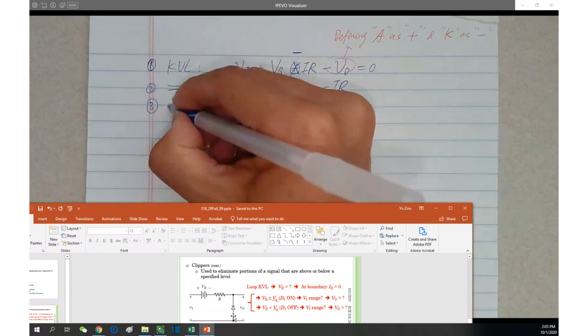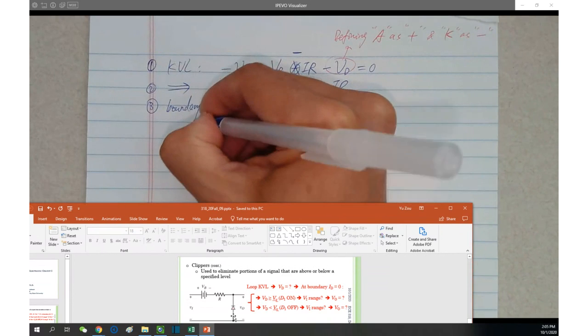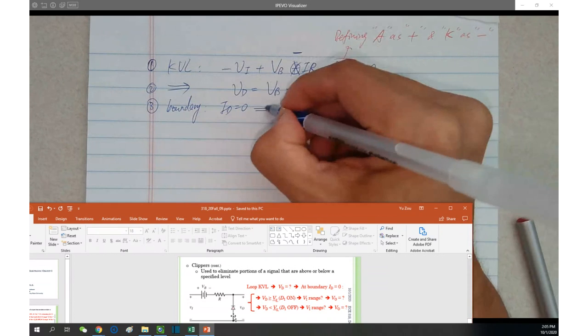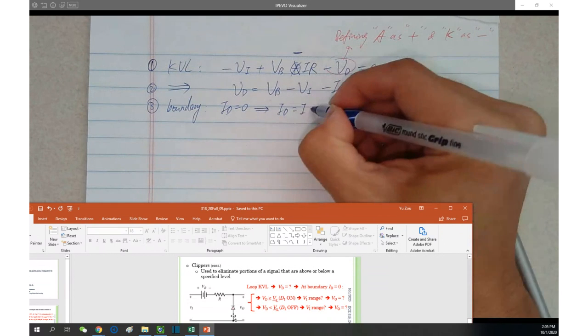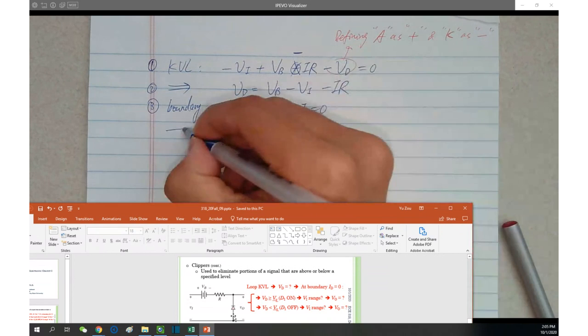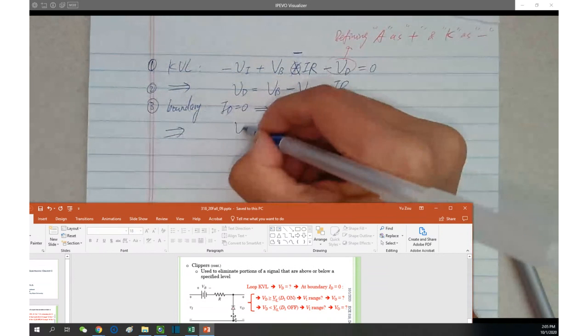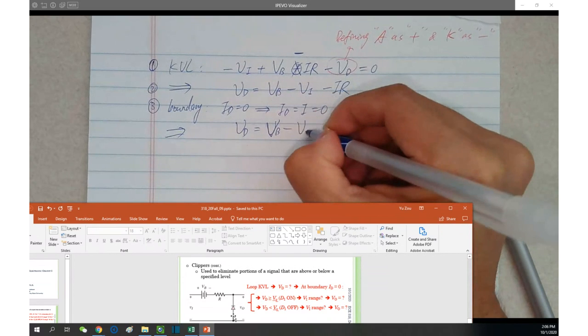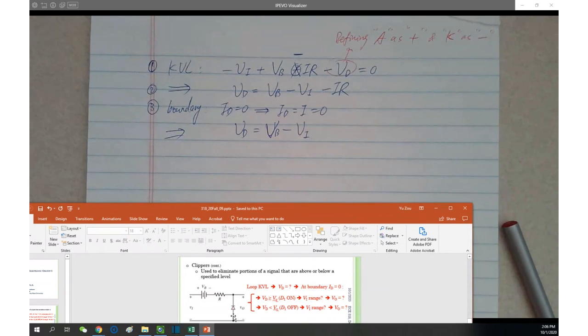Third step, a boundary, right? Boundary means ID is equal to 0. Now, ID equals 0, then ID just equals I, and I is equal to 0. We are able to derive VD now as equal to VB minus VI. So far, everything is the same as the previous example, so we follow the same procedure.